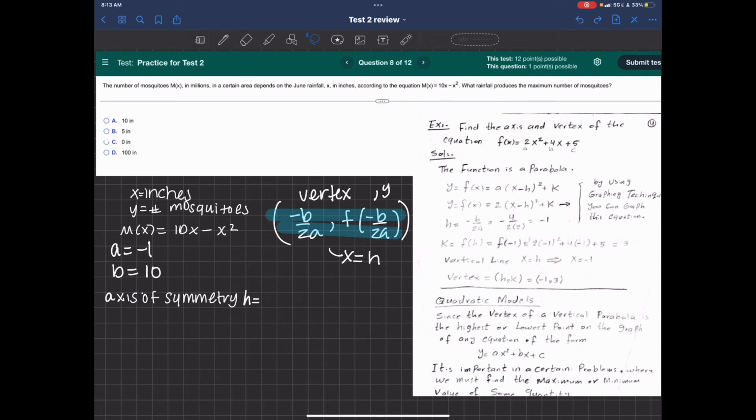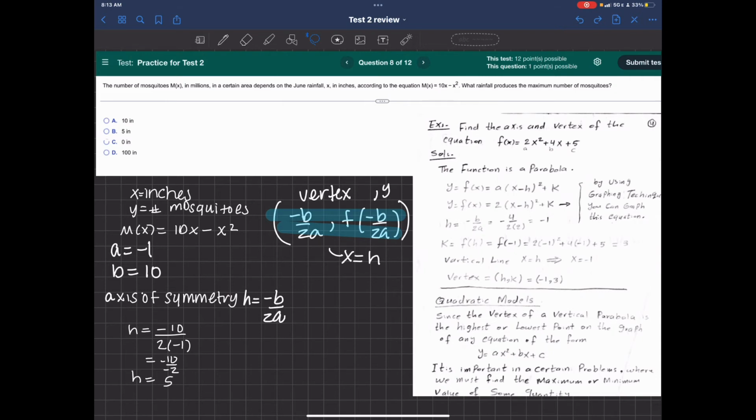So again, the axis of symmetry is h equals negative b over 2a. Now we're going to substitute our values in. I have h equals negative 10 divided by 2 times negative 1. So then I get negative 10 over 2, and when I simplify, h equals 5.